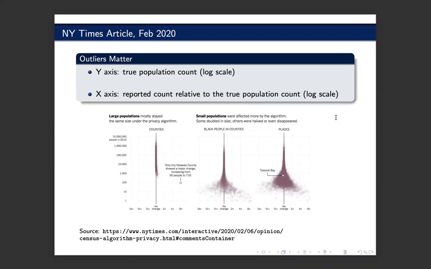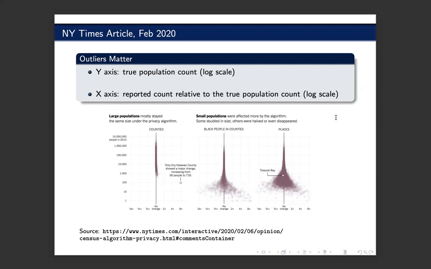What they had done was apply differential privacy to the 2010 released output, treating it as the truth. They took the population counts in the 2010 results and applied Laplace noise to it. Let me explain what this means. This is a logarithmic scale on both the vertical and horizontal axes.